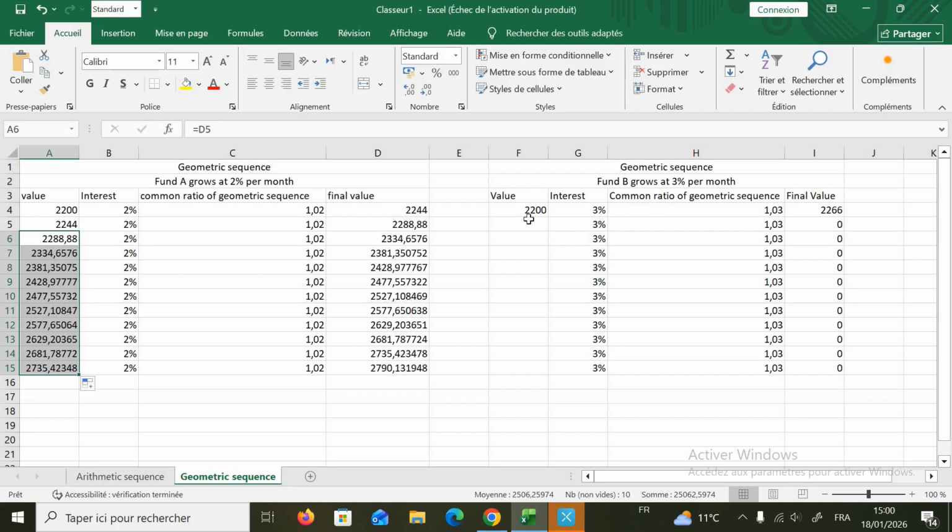We have 2,200 multiplied by 1.03. This is the common ratio of the geometric sequence. It will give us 2,266. I'm going to generalize that.